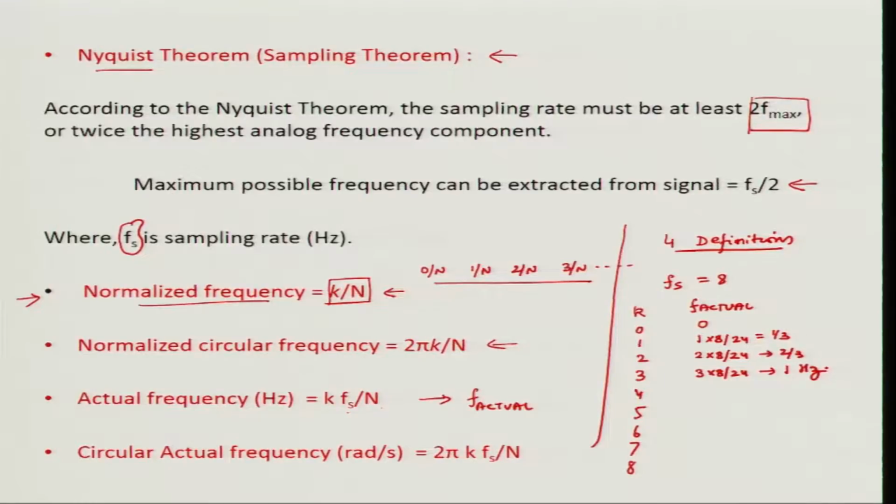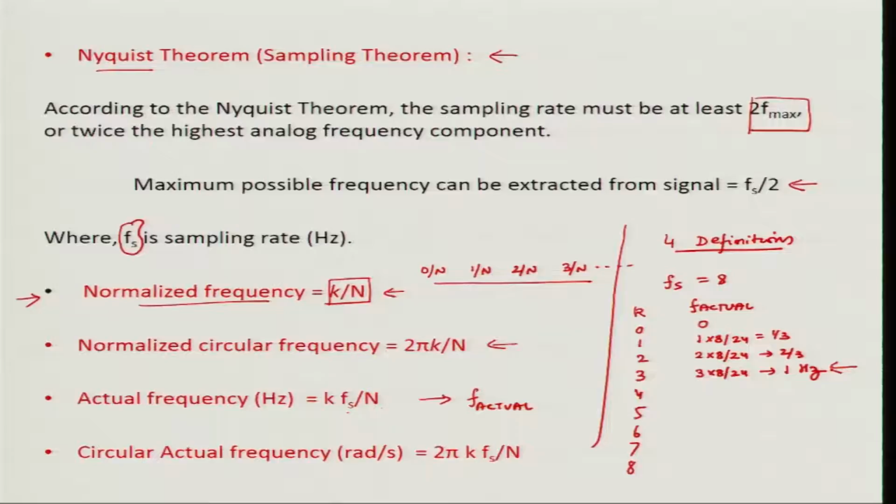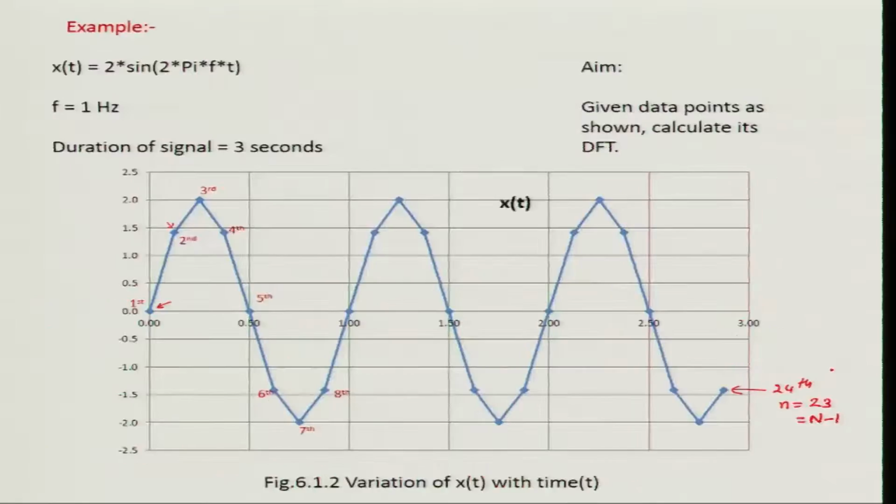We have already learned how to calculate the actual amplitude using this relation. Okay. So, we found that the actual amplitude for the fourth frequency was 2, and that corresponds to a frequency of 1 hertz, and that is exactly what our result should be, because what was the original signal?